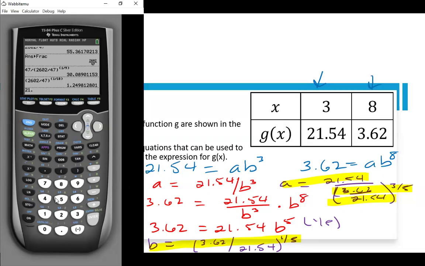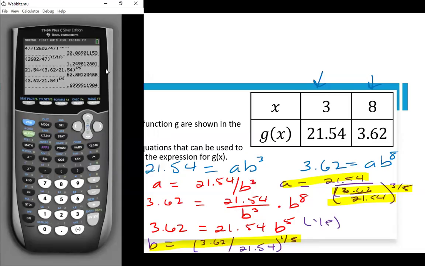So we have 3.62 divided by 21.54, all to the 3/5 power. So that's our approximate A value. And then our approximate B value is 3.62 divided by 21.54 to the 1 divided by 5.